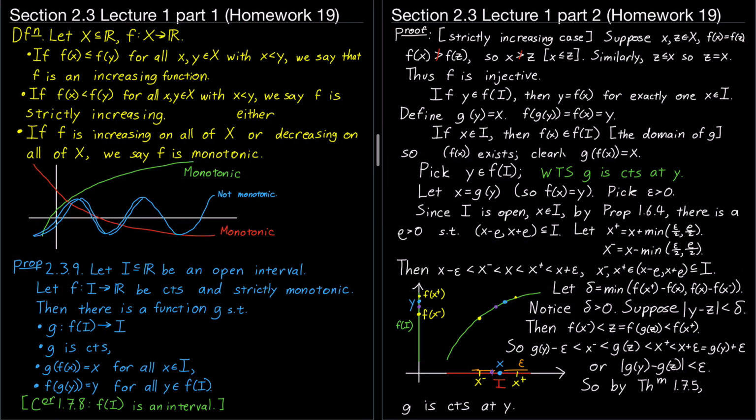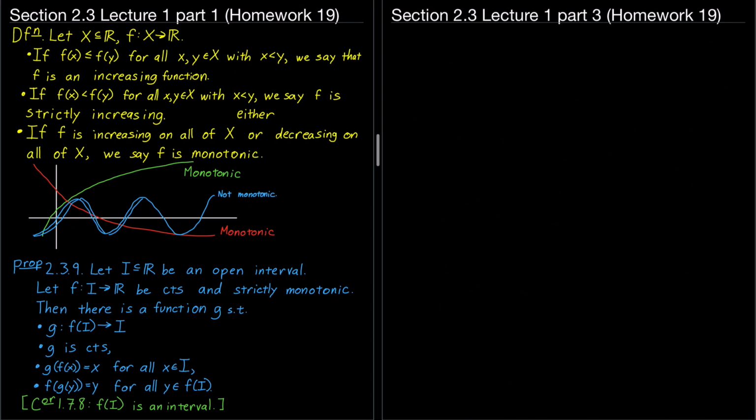And since y was arbitrary, that means that g has to be continuous at every point in I. So in particular, the function g of x equals the cube root of x. That's the inverse function to x cubed, which we know is continuous because it's a polynomial. That is continuous on the image of x cubed. That's continuous on all of the real numbers.